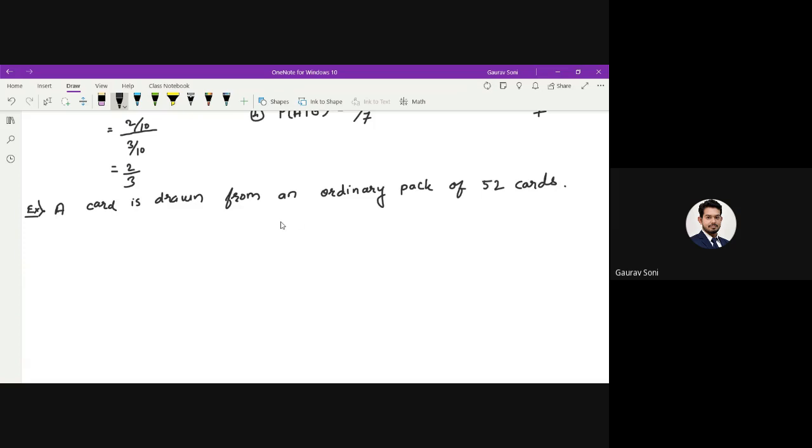What is the probability that it is a king, given that it is a face card? How many face cards do you have? What do you mean by face card, first of all?